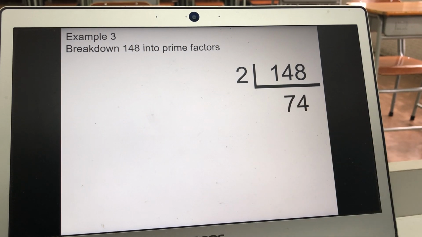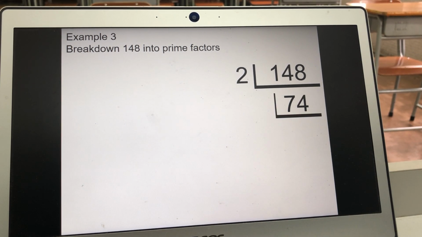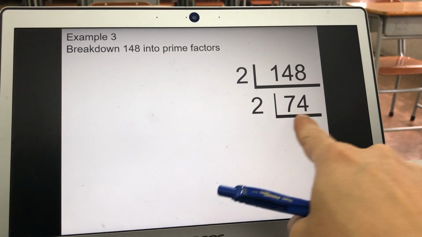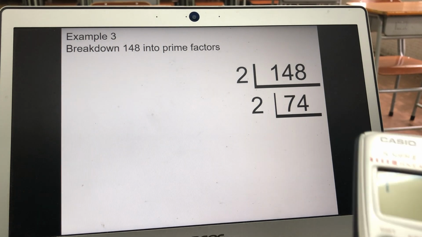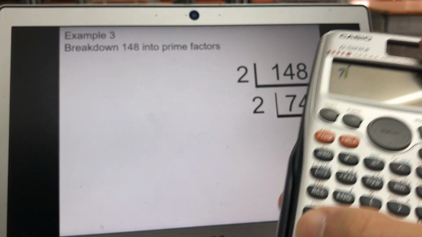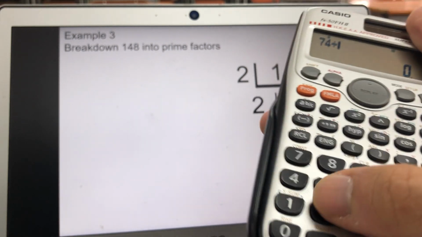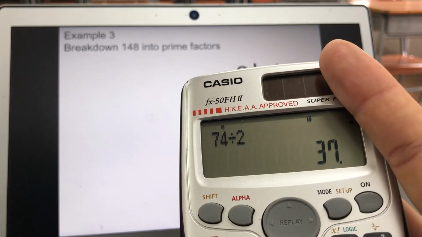And then 74. So let's continue to break it down using the smallest prime number, which is 2. So 2 times what becomes 74? So you may try backward using 74 divided by 2. Oh, 37.